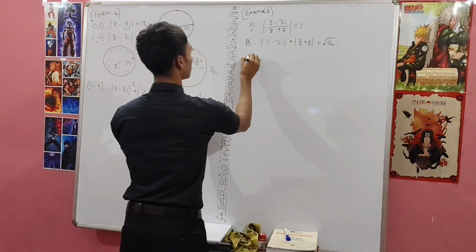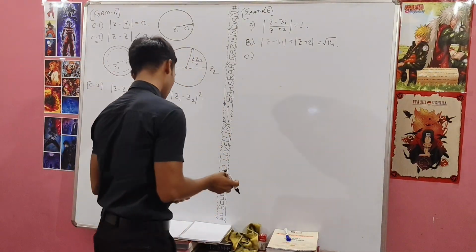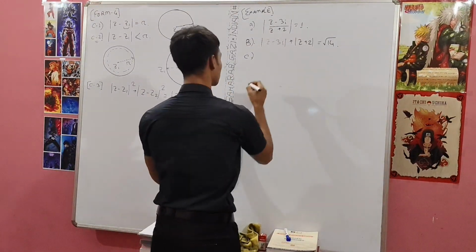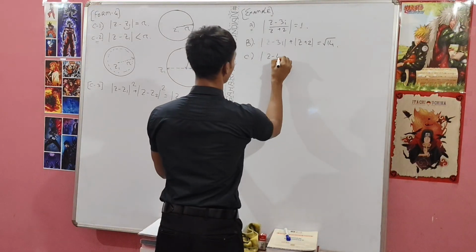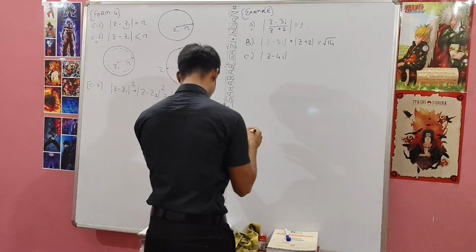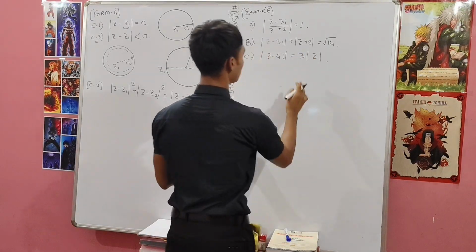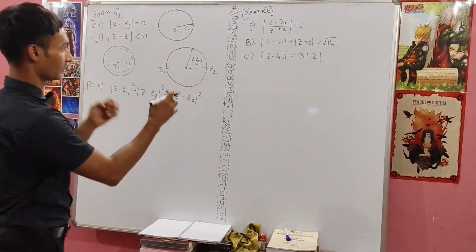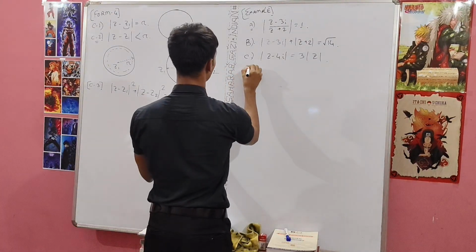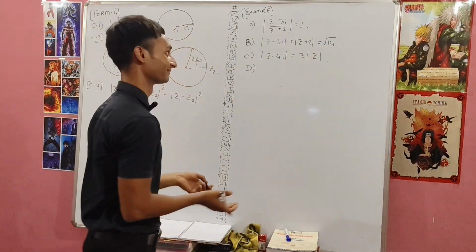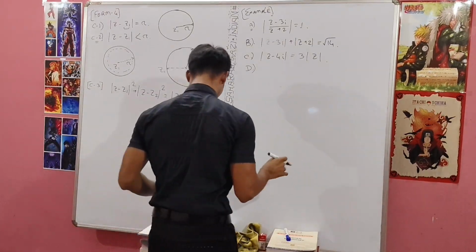In this type of question you have to find first the difference between z1 and z2 and then compare with k. Okay, third one is mod of z minus 4i is equal to 3 into mod z. Then in this case you have to first little bit simplify, mod z को इस साइड में लेके आओ, उसके बाद z1 and z2 find करो, and then जो भी करना है.